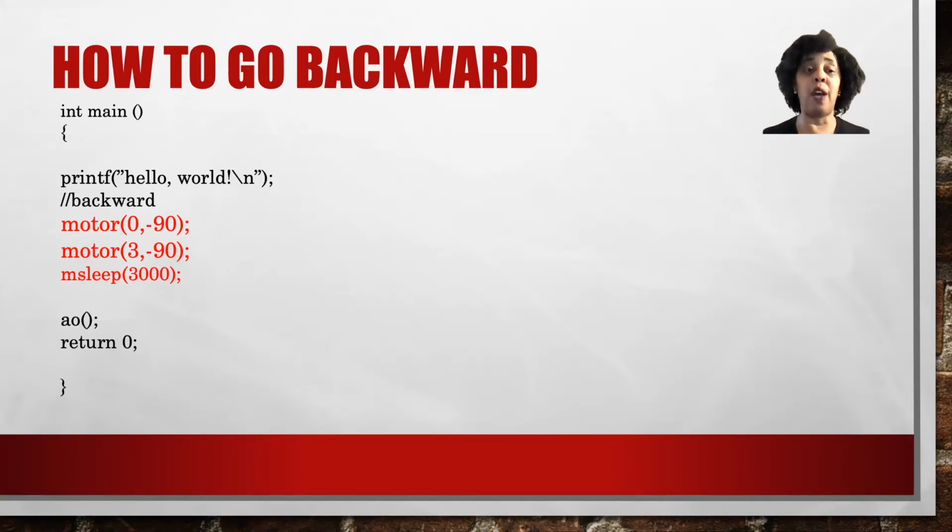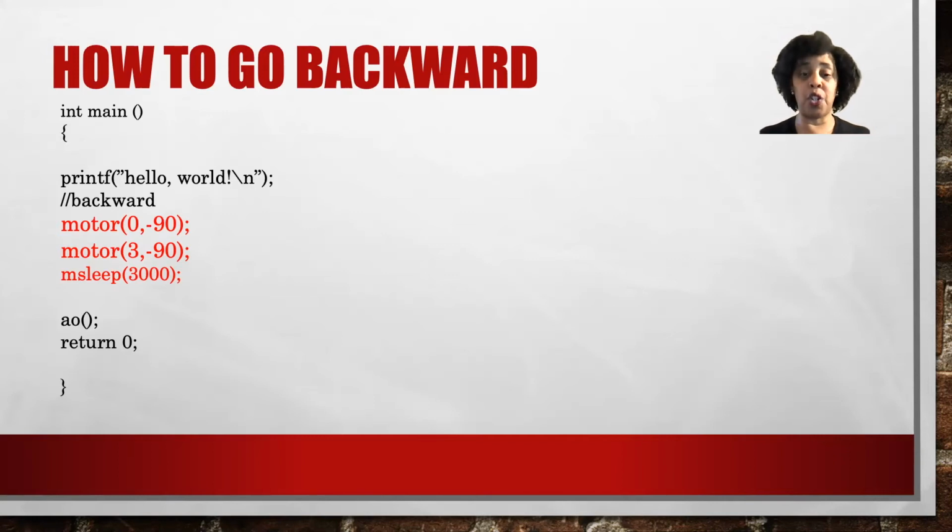You still have motor 0 and motor 3 because that's where the wheels are plugged in. And I'm still going for 3,000 milliseconds, which equals 3 seconds. And again, I did not delete anything else. Everything else must stay in order for it to run. And remember, you compile and then hit run.